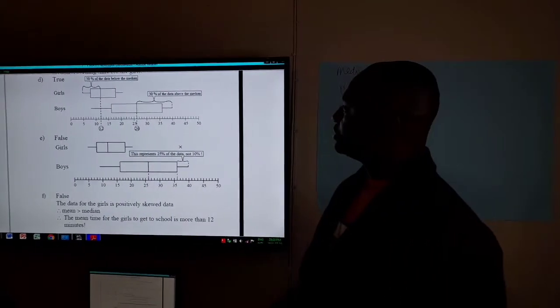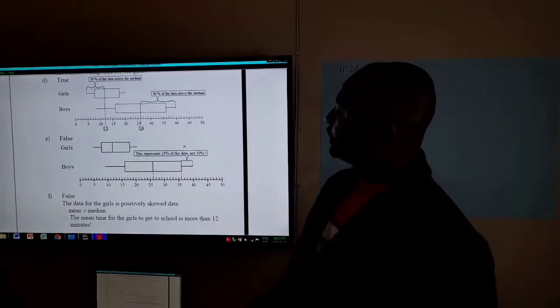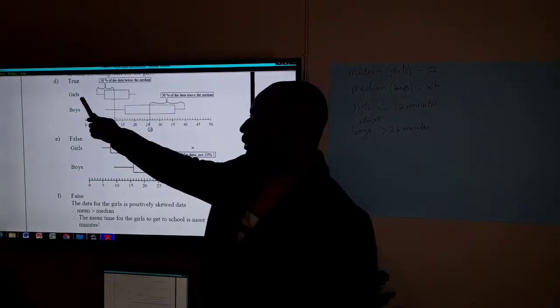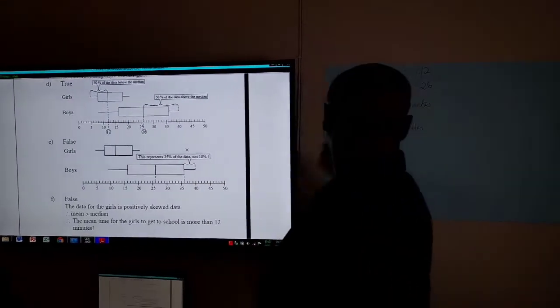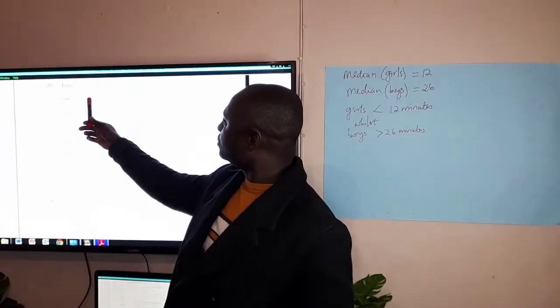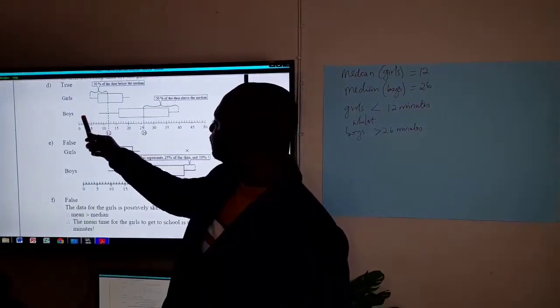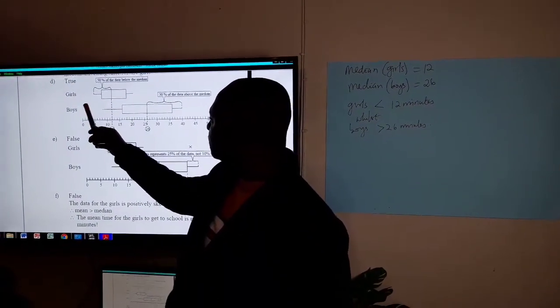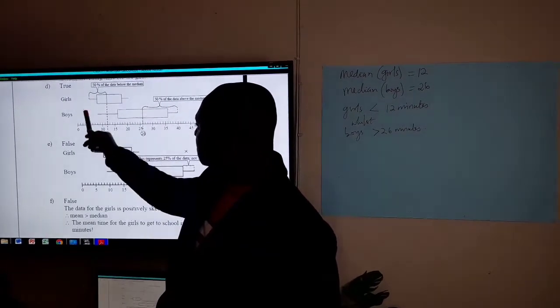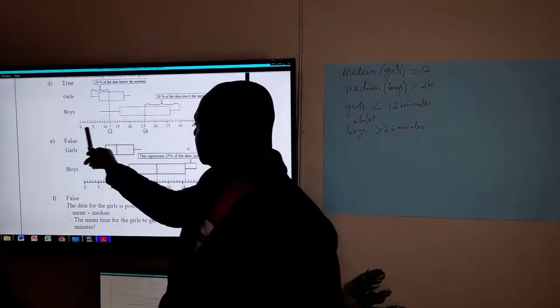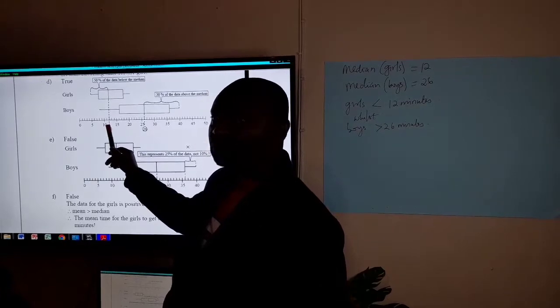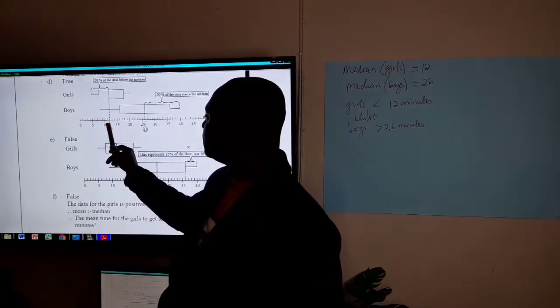We can check it from the graph: the girls take less than 12 minutes to get to school. Less than 12 minutes means from the minimum value to the median, they took less than 12 minutes because the median was 12.